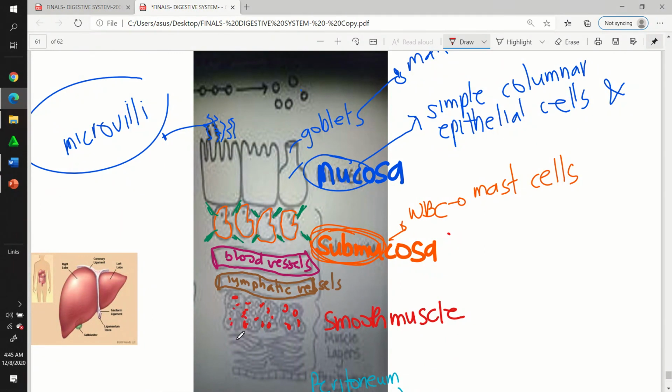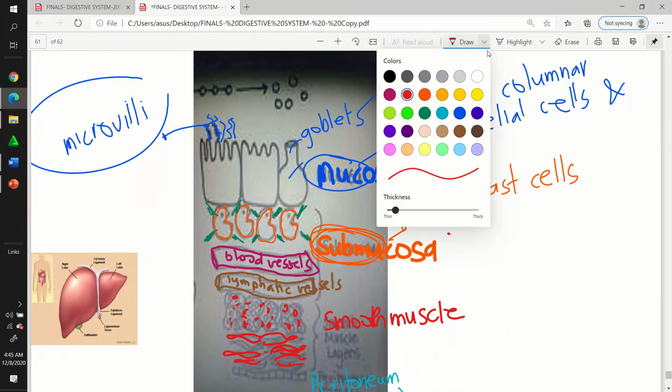And then there is a wrap here around. And then the last layer, let me use green color, that surrounds your intestine.